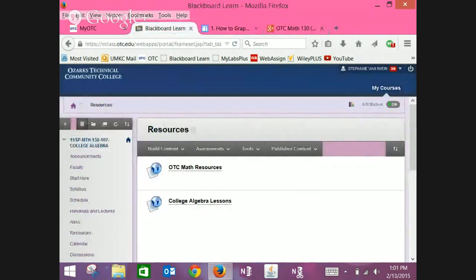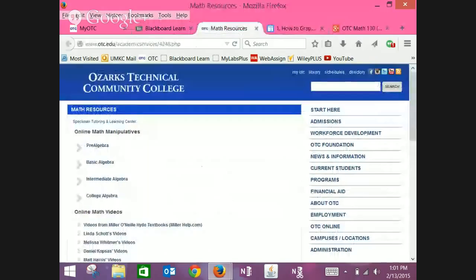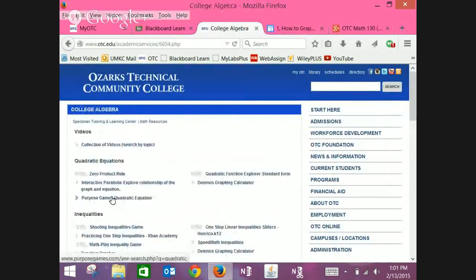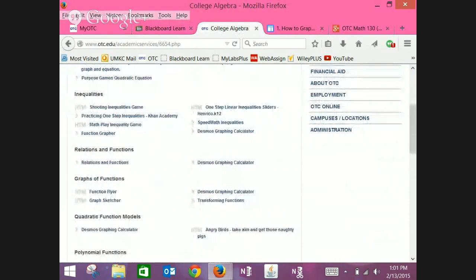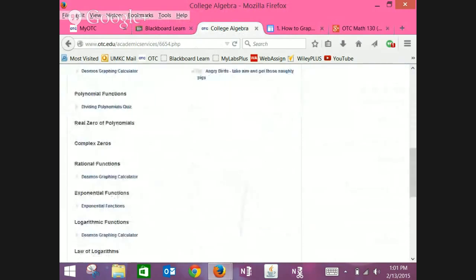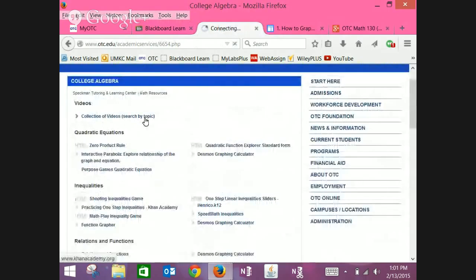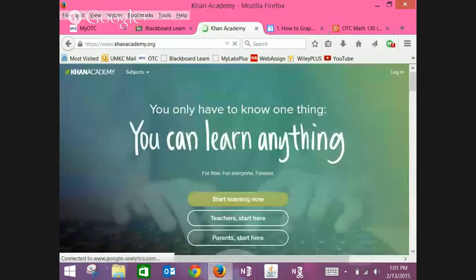So if you go to this resource page, if you just click on college algebra, it takes you to different links to different people's pages. The first one takes you to Khan Academy, which I don't know if anyone has seen Khan Academy before, but it links to videos, and they're just kind of shoot from the hip. Here's a quick example.